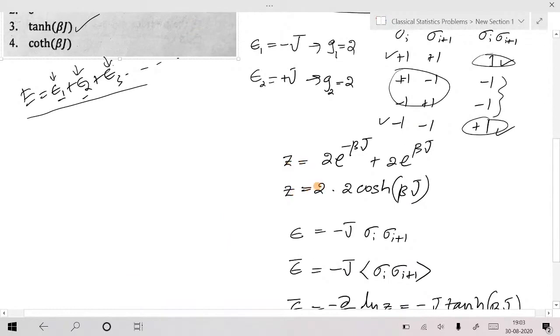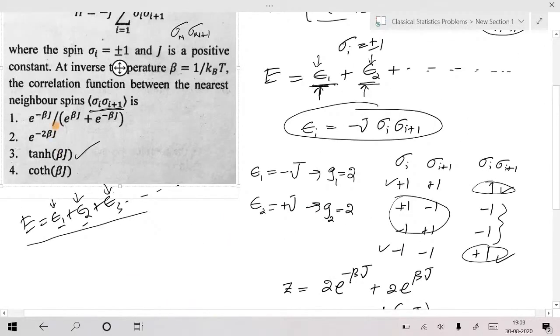Somehow your partition function will be cosh, so that your resultant will be tanh. Look at here, all of them are different. If two of those options contained a tanh function, it might lead to some confusion, but only one of the options is tanh. That's why, by some practice or depth of idea, you should quickly choose the option. Any question here?